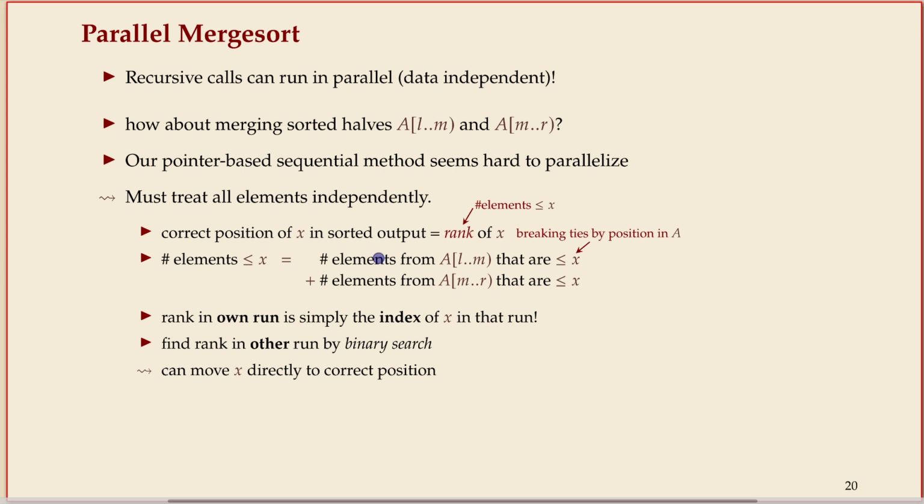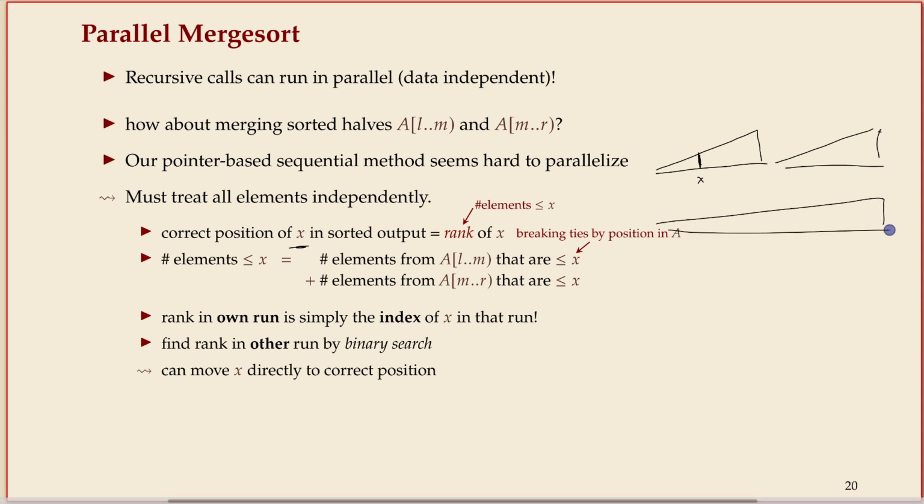So if we look at that in more detail, say we pick some element x in the sorted output, then, from this picture that I was always drawing in the sorting unit, x could be somewhere here. And now the question is, where does it go in the sorted output?